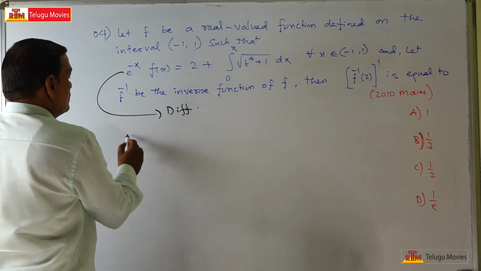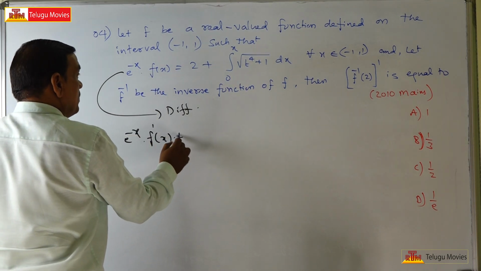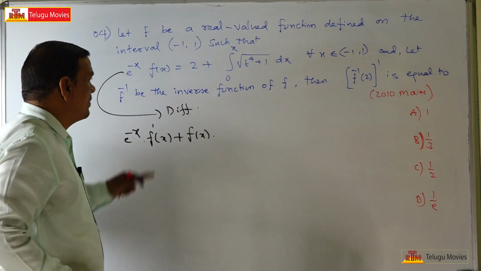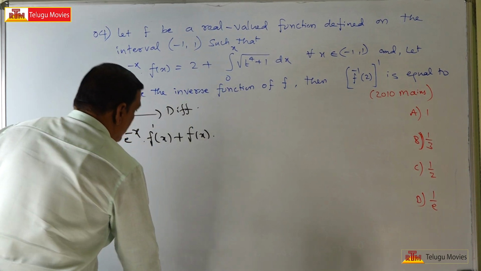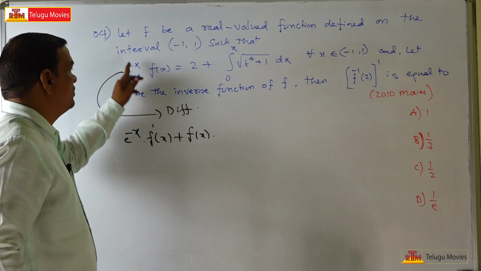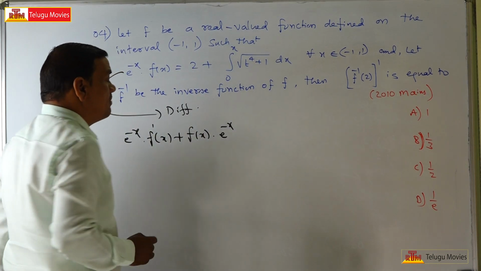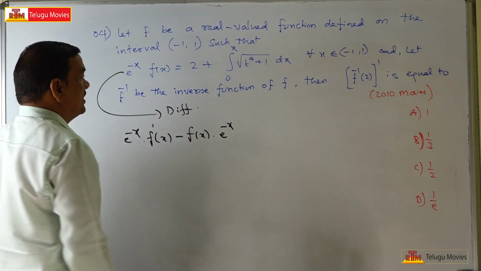So this function becomes e power minus x f dash of x plus f of x into, that means by the u into v formula, e power minus x as it is, f of x derivative is f dash of x, plus f of x into the derivative of e power minus x, which is e power minus x, again minus x derivative is minus 1. So I can keep minus here.